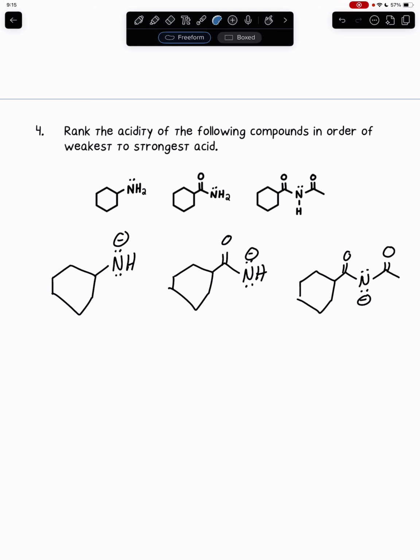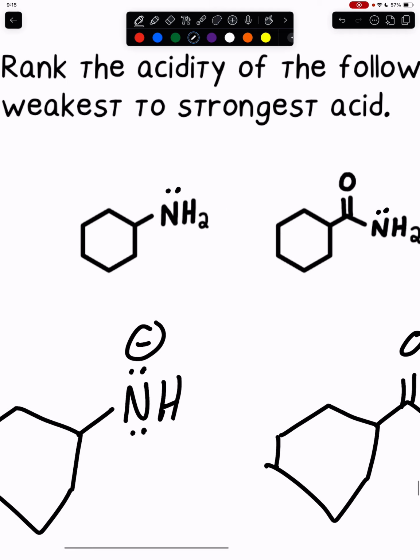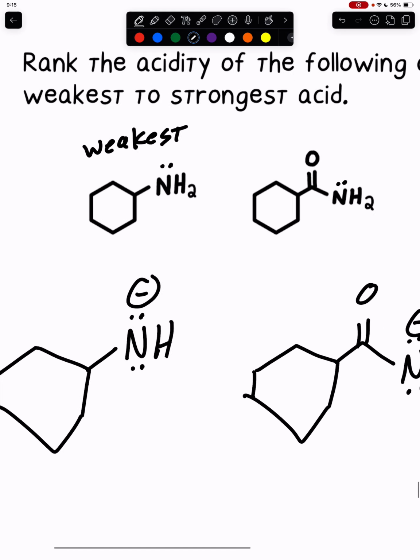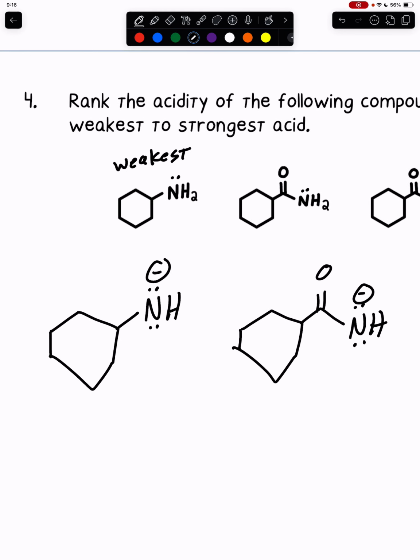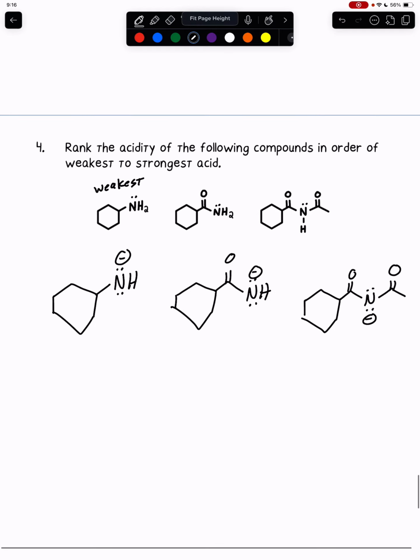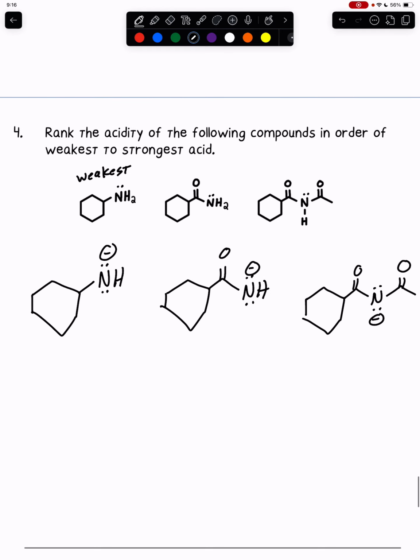So that one is going to be the strongest base, which means it came from the weakest acid. So now that lets us know that this acid up here must be the weakest acid because it makes the strongest conjugate base, the least stable conjugate base. All right, so that's the weakest acid on the left.